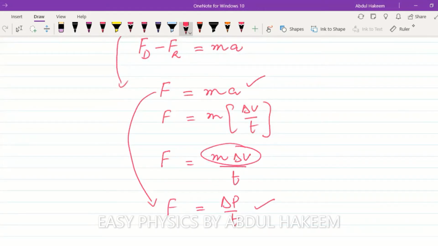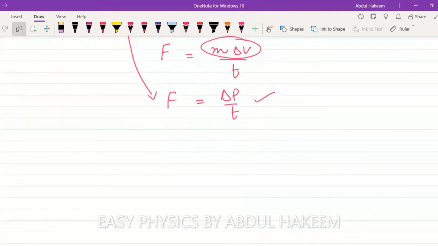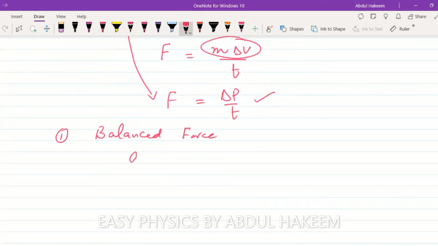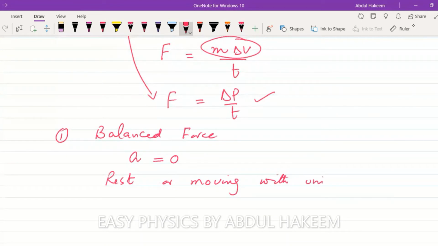Now, there are two kinds of forces. Number one is the balanced force. A balanced force is a force which cannot produce acceleration. So the acceleration of the object is zero, meaning the object is either at rest or moving with uniform velocity.